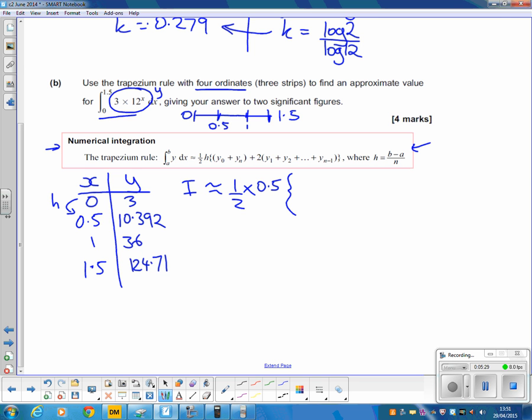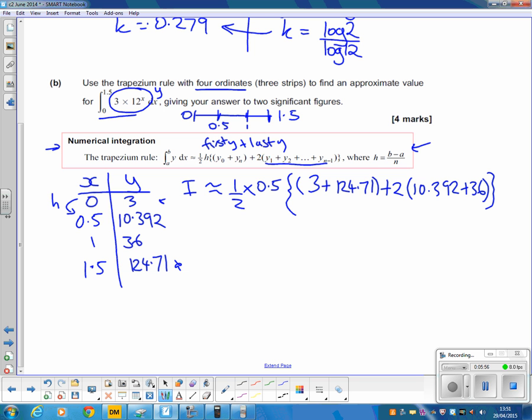Now that means the first y plus the last y. So this one and this one. So 3 plus 124.71 plus 2, and then there's a whole load of y's there. That's 2 times all the ones in the middle that you haven't used yet. So that's 2 times 10.392 plus 36.